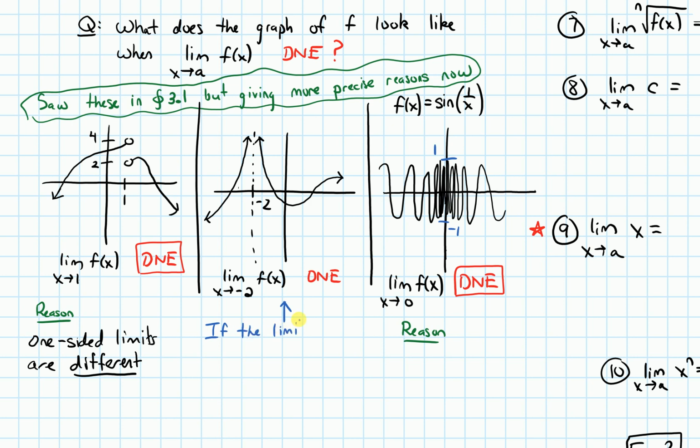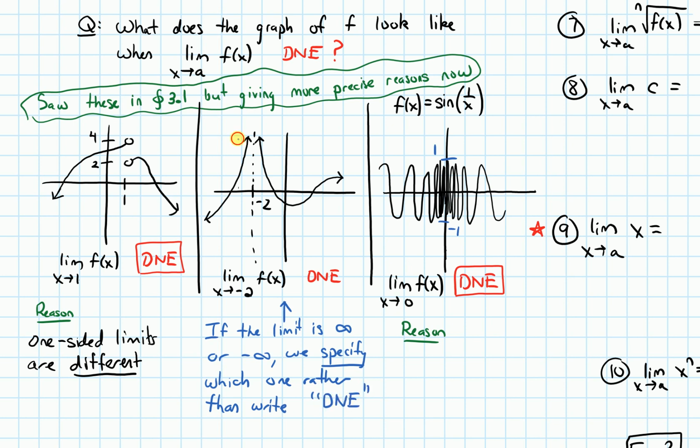If the limit is infinity or negative infinity, so if the y values are either going to infinity, in this case it's a two-sided limit, so from both sides, or if they're approaching negative infinity from both sides, then the convention is that we specify which one rather than write DNE.